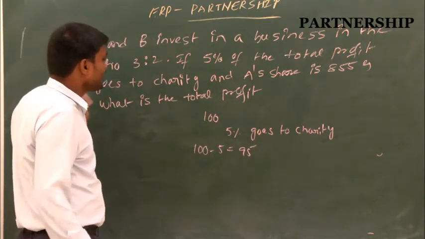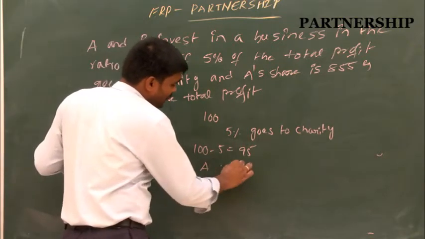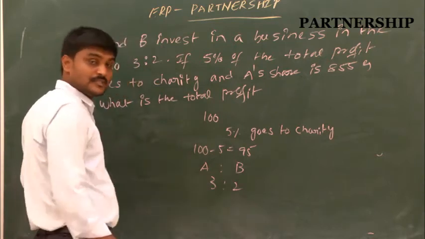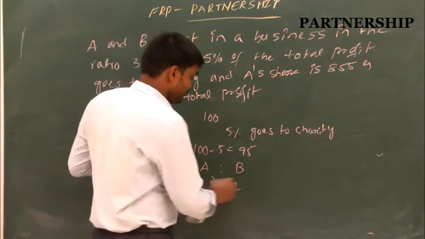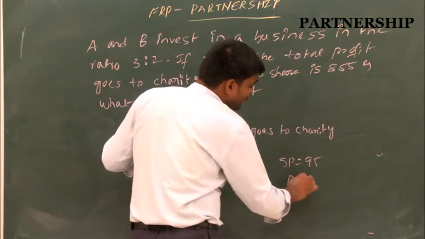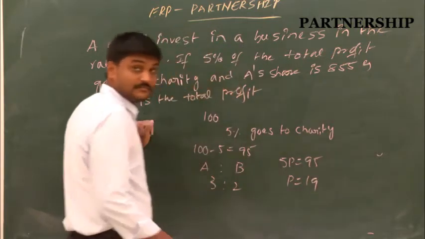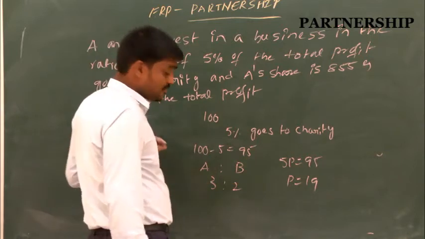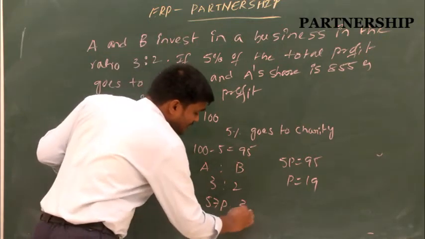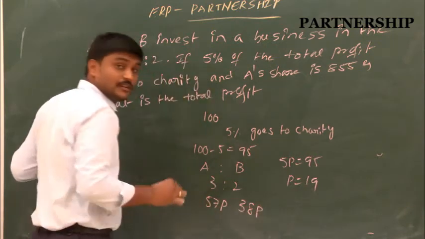So A and B share in 3:2 ratio. Because 5 parts equal to 95, so 1 part equal to 19. So here A has 57 parts, B has 38 parts.